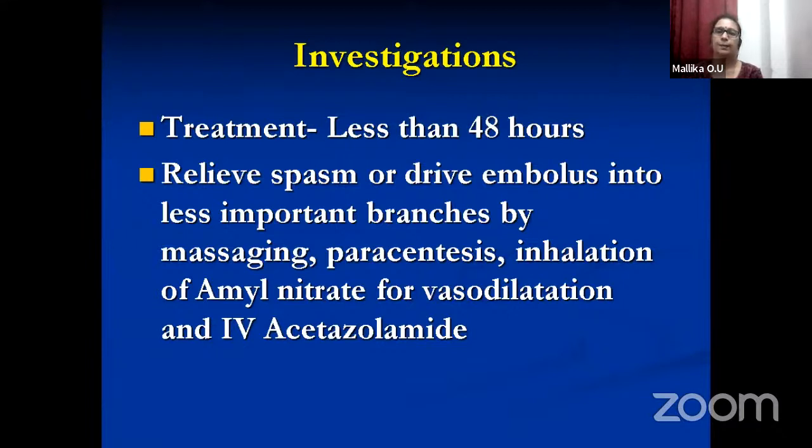Another treatment is inhalation of amyl nitrate, or IV acetazolamide to decrease the IOP. Inhalation of amyl nitrate produces vasodilatation, which is not available here, I don't think anybody is doing it.